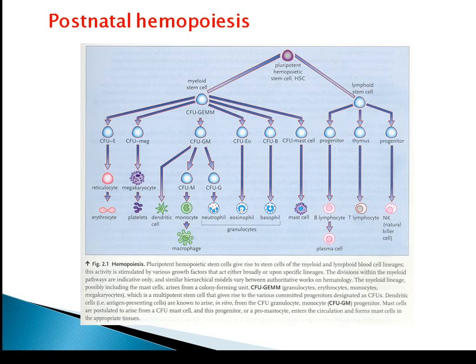And here we will have the colony forming unit for granulocyte and monocytes that will give rise to neutrophils of the blood and to the monocytes. Also, some of them will form the dendritic cells.